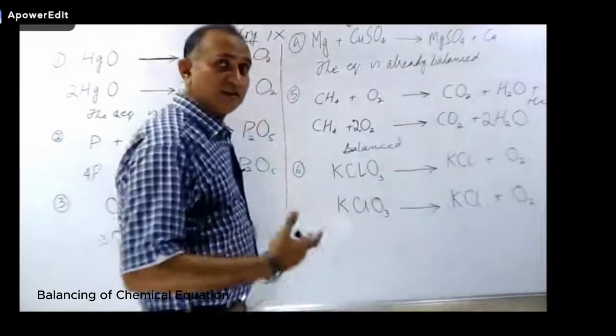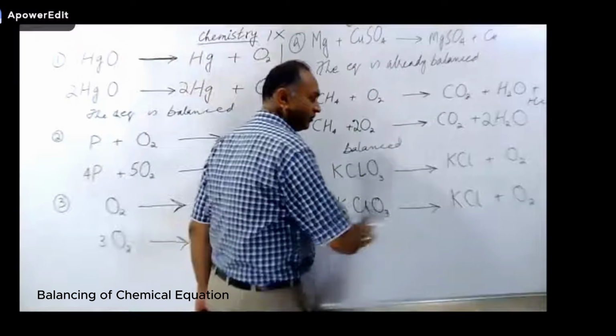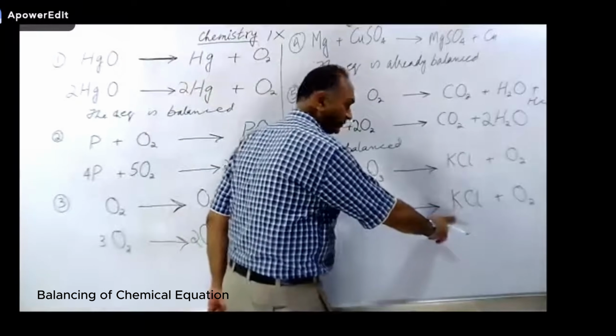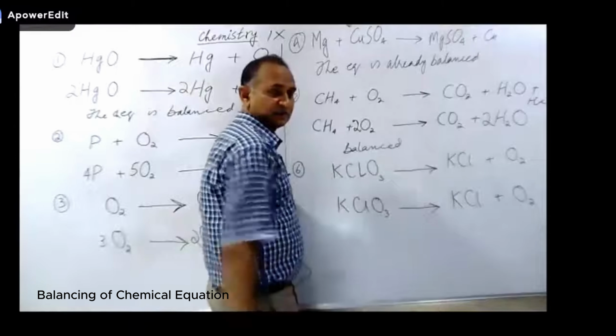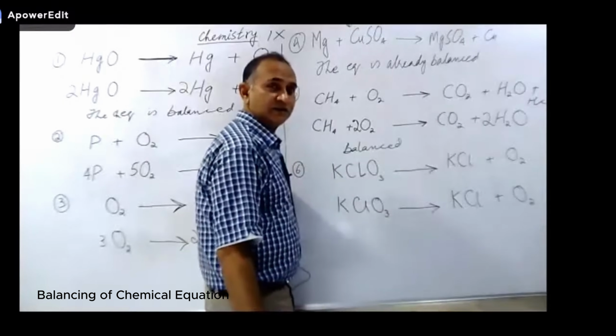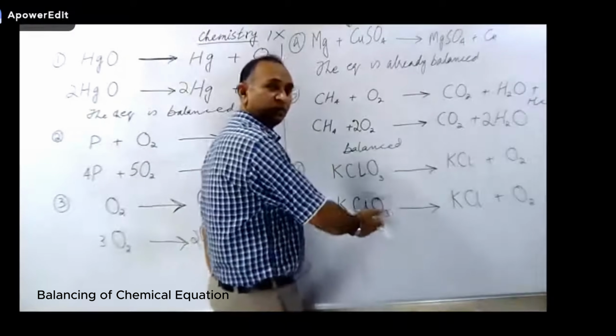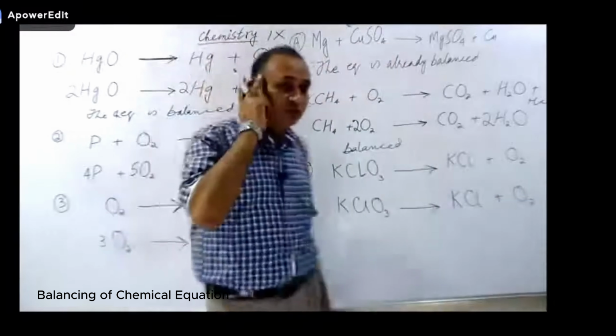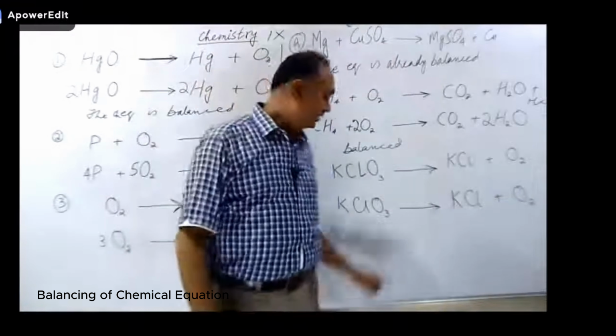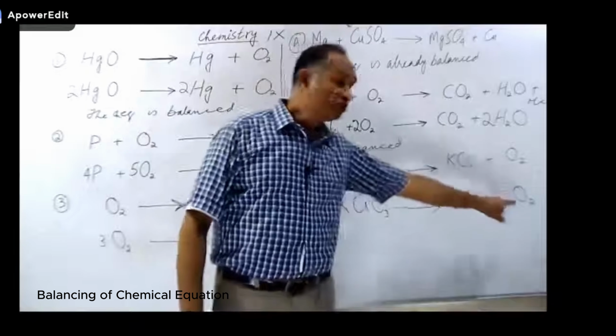We want to balance it. One potassium, balanced. One chlorine, balanced. Here is the problem: 3 oxygens, 2 oxygens. Something should be clicked over here.